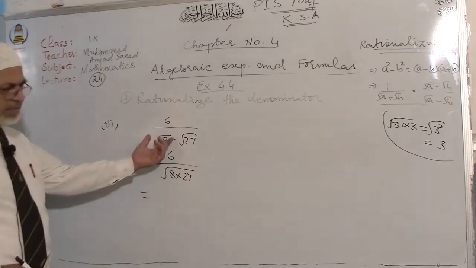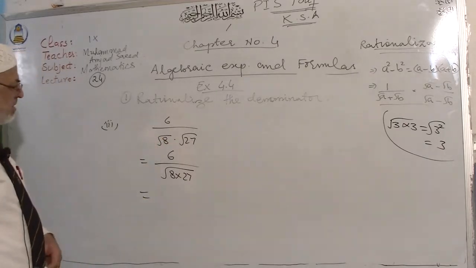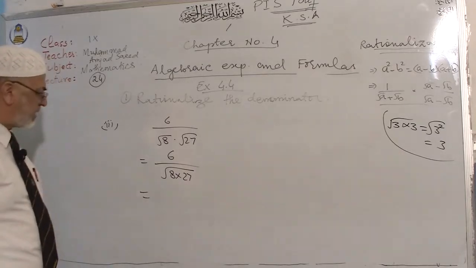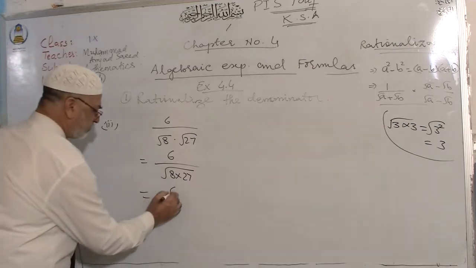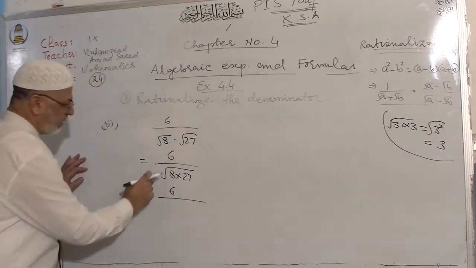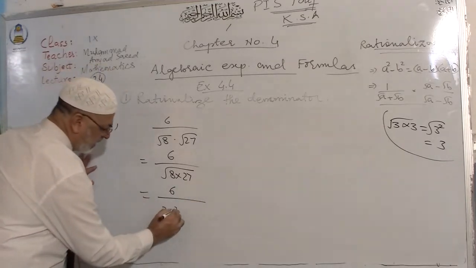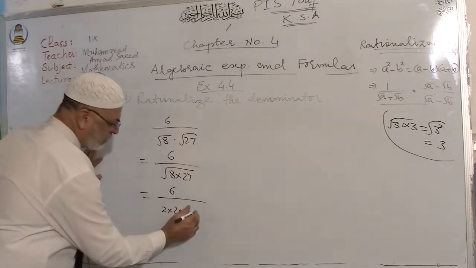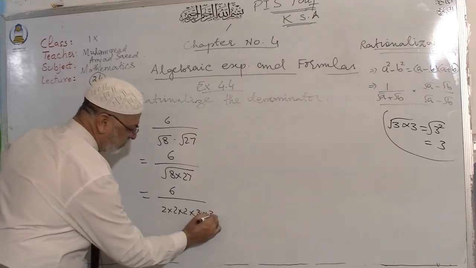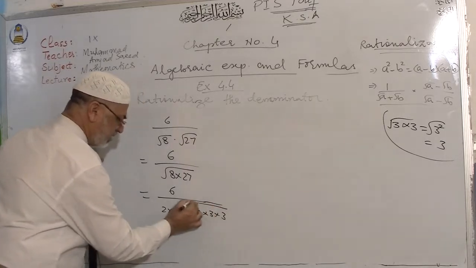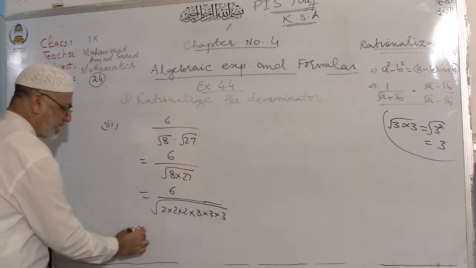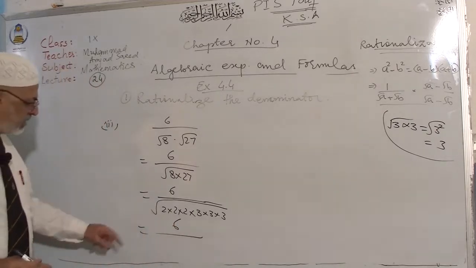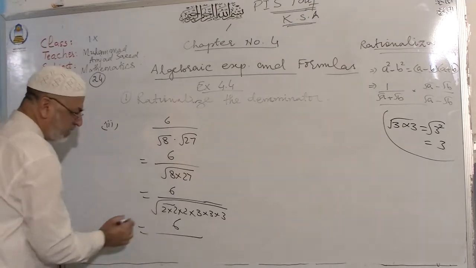In the denominator there are two square root signs, and in case of multiplication we can combine them very easily. What will be 8? You can write 2 into 2 into 2, and 27 can be written as 3 into 3 into 3. Here 2 is double, 3 is double.